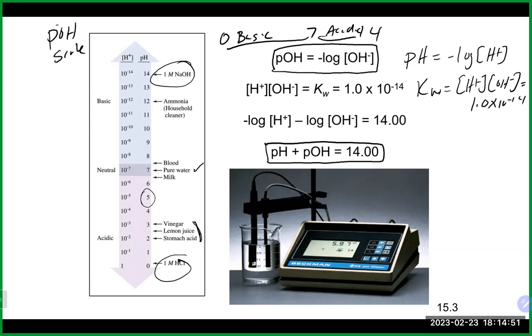By the way, when you're asked that question about a solution, is it acidic, basic, or neutral? How many answers should there be? There should be 1. But I have gotten many different answers on that question. The reason is you calculate the pH and go, cool, it's less than 7, it's acidic. Then the person calculates the pOH and goes, cool, it's above 7, it's basic.